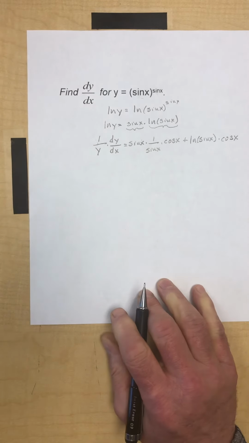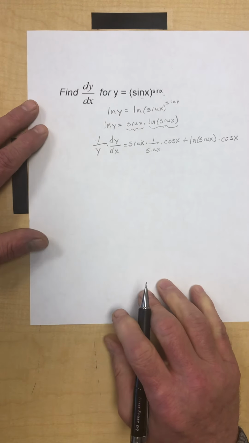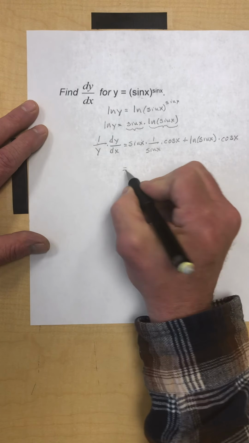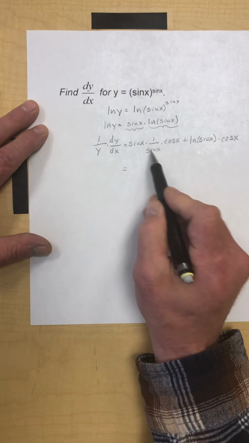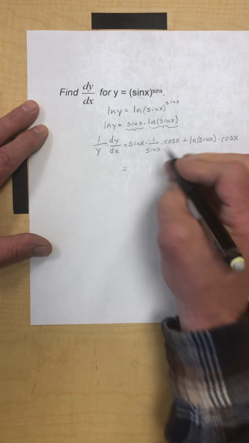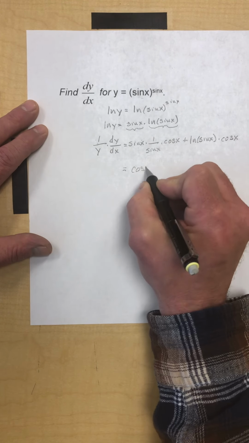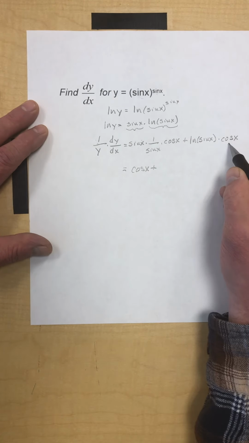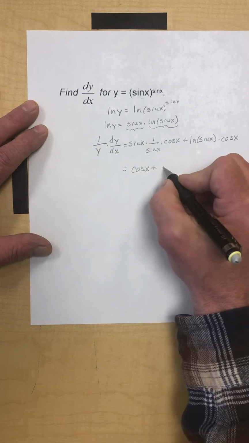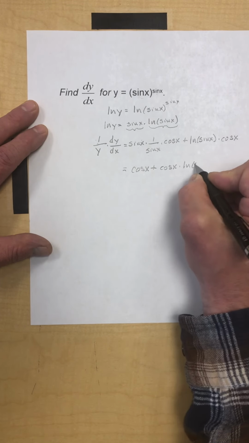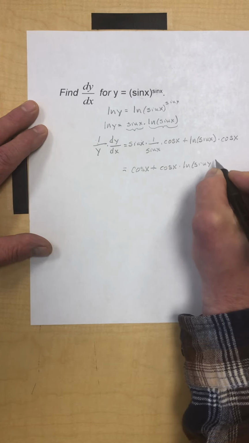So now we've got to clean things up, and then eventually I have to multiply both sides by y. So let's see here. Well, sine of x times 1 over sine of x, they just cancel each other off, and so we have cosine of x. And then I'd probably write this as cosine of x, put that out front. So cosine of x times the natural log of the sine of x.